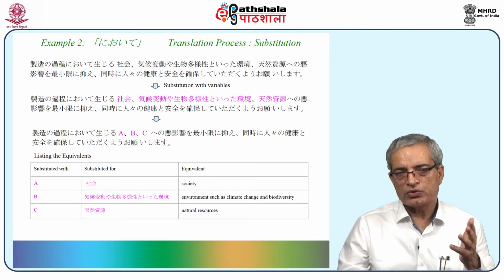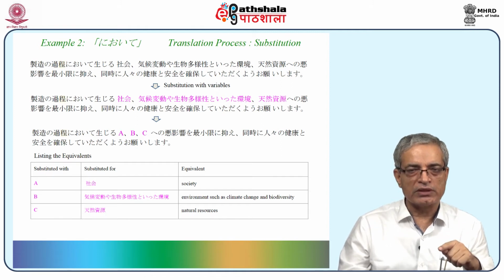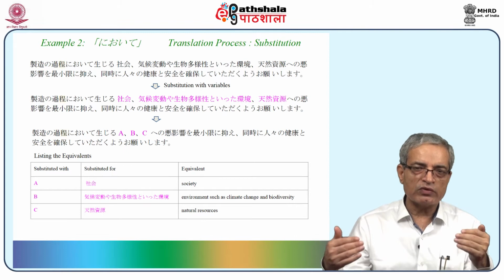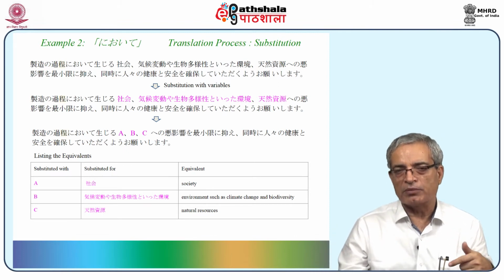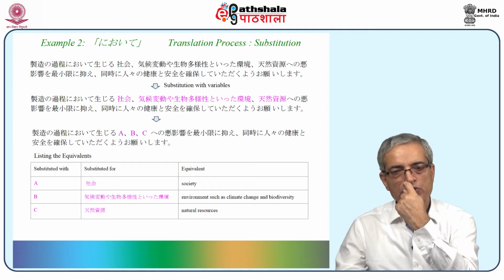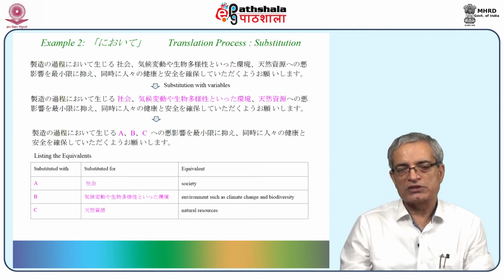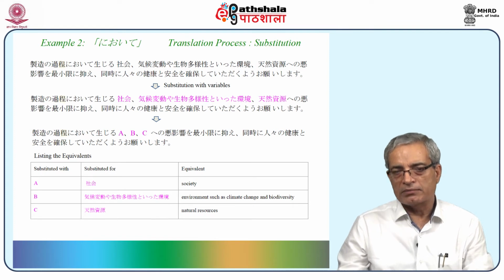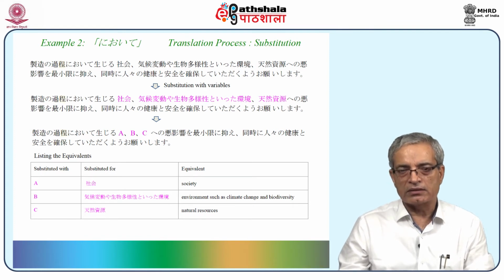"Seizono kate ni oite shojiru kaihatsu", or "shojiru shakai". So let's say A, "shojiru A eno aku ekyo o saishogen ni osai". So it has become quite simple and comprehensible, and this is the process followed here. The 3 elements which are to be substituted by ABC are basically translated in the rightmost column.